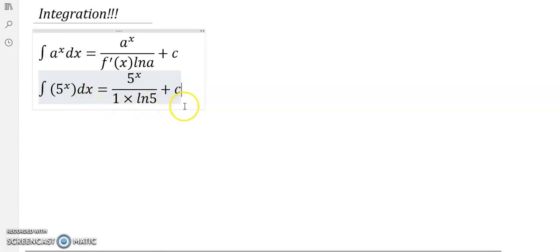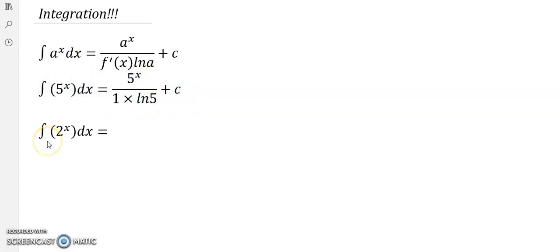Here, let's have another example. Okay, we have the integral of the exponential function 2 to the power x. However, we can write it in this form. If we write it in this format, here we will place 2, since the value of a is 2, and we have to differentiate the exponent x, and the derivative of x is nothing but 1.